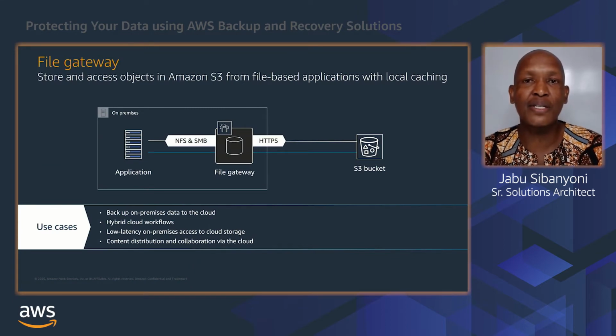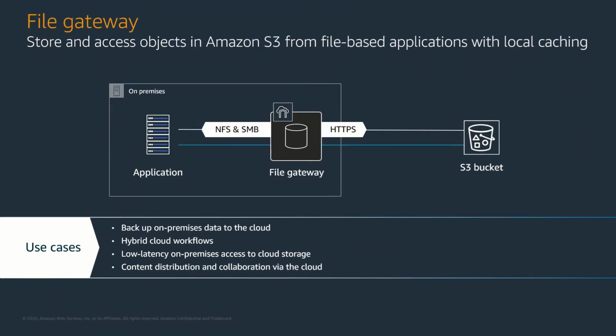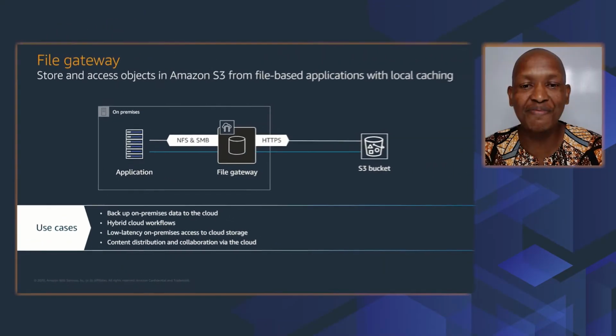One of the services that you can leverage while you are still storing your data on premises is the Storage Gateway service, which comes in a number of types. First is the file gateway. The file gateway allows you to store your data in the AWS Cloud, specifically in Amazon S3, our Simple Storage Service.